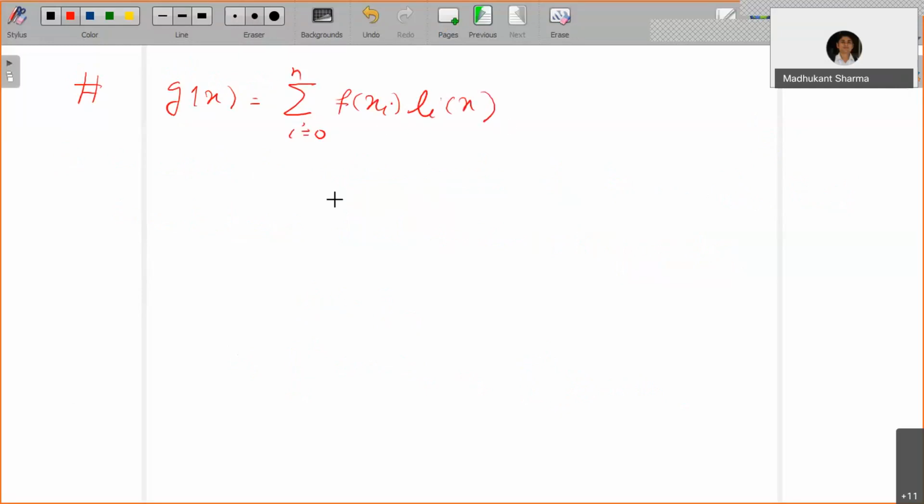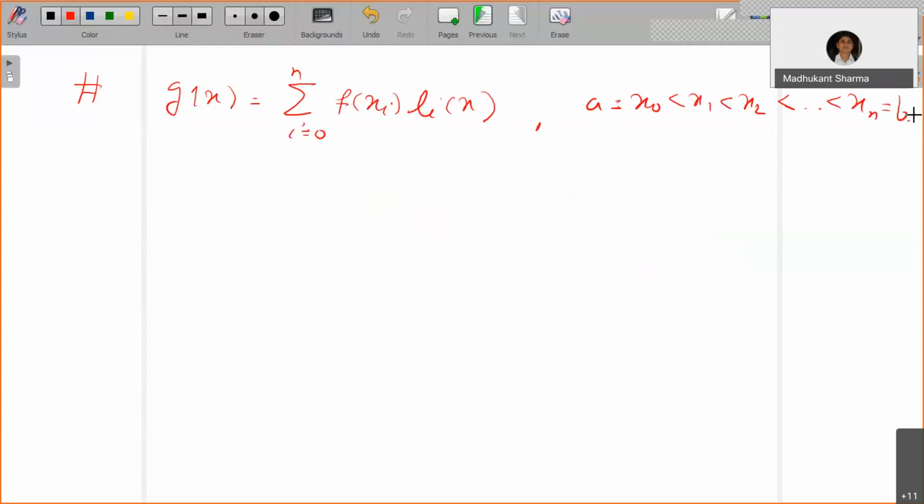Again, this x0, x1, x2, so you have a equals x0 less than x1 less than x2 less than and so on less than xn equals b.